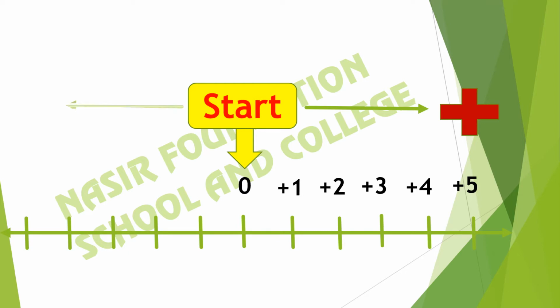But if we are moving towards the left side of 0, we use the minus sign, like minus 1, minus 2, minus 3, minus 4, minus 5.